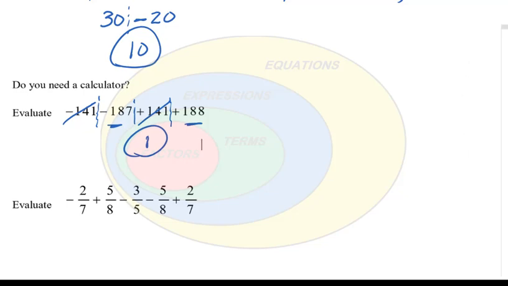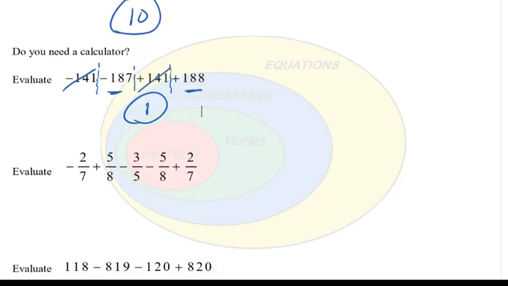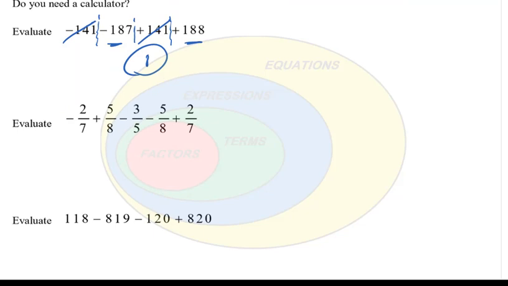Even with fractions, we might be thinking, oh my gosh, these fractions are terrible, right? But if we look at the terms first and realize that some of these terms are opposites, so I have a -2/7, and then I have a positive 2/7 over here. These terms are opposites. If I combine them, they're 0.